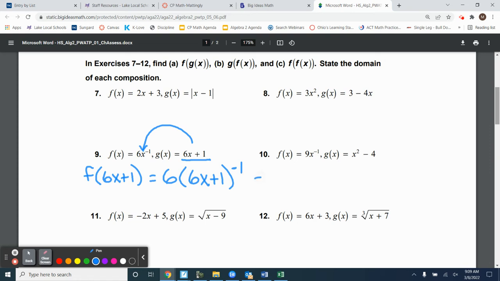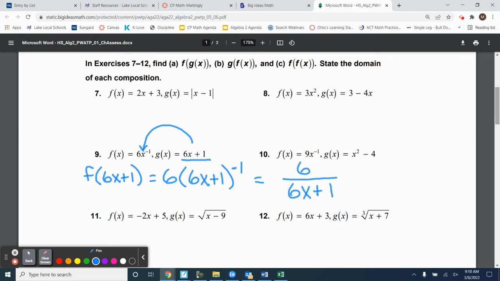So this is going to be 6 over 6x plus 1. Can I factor anything out of that denominator? No, you can't. If I could factor out maybe a 2 or a 3 or a 6, then I could cancel some stuff and reduce. But that's all I could do.